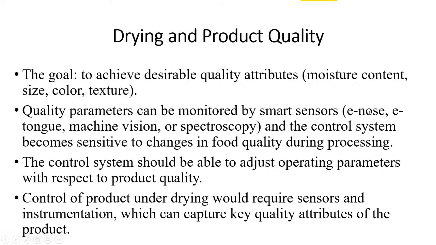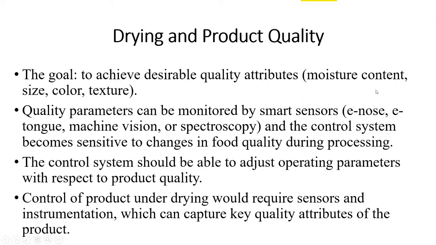Right now, we can use eNose to detect the flavor development during any process. For example, if you do drying, or other processes, you may notice that during the process, reactions occur and the flavor of the product tends to change.